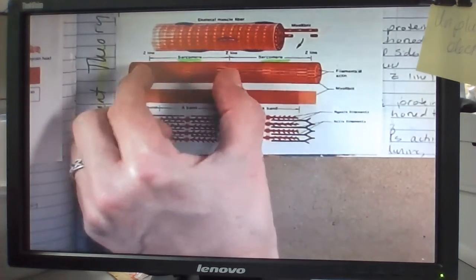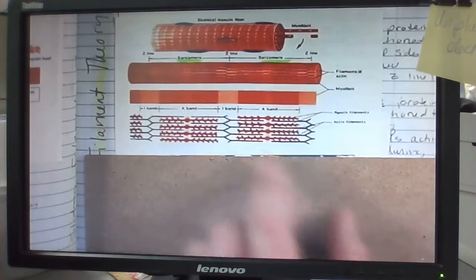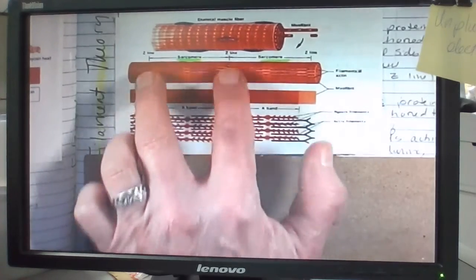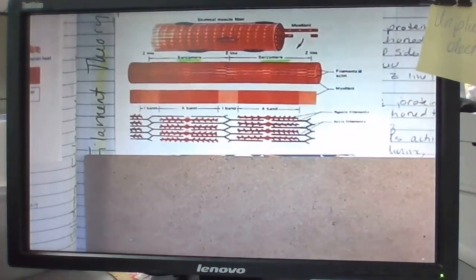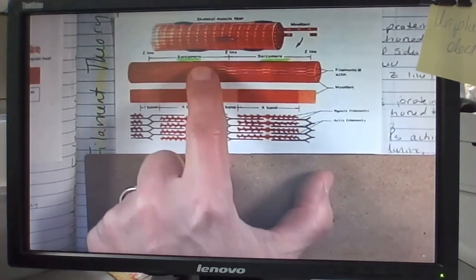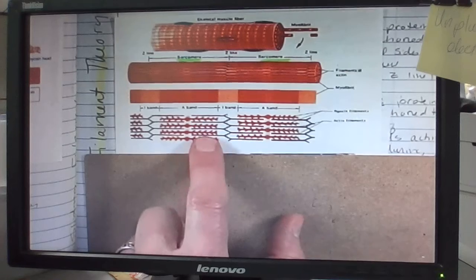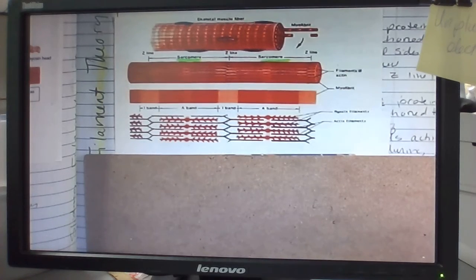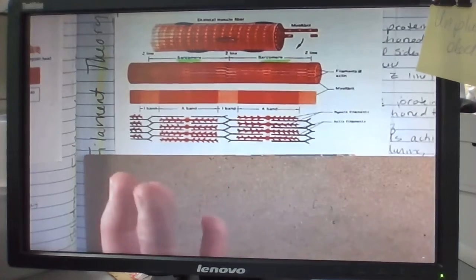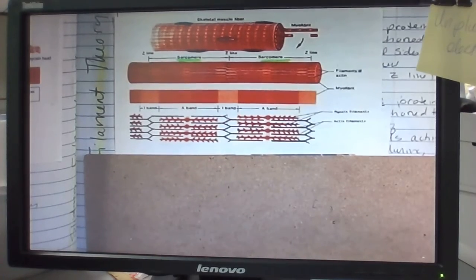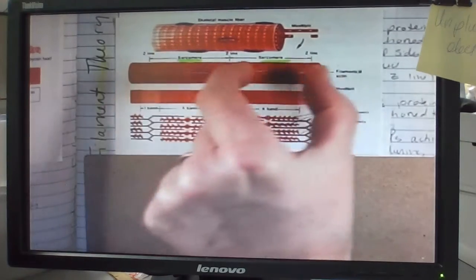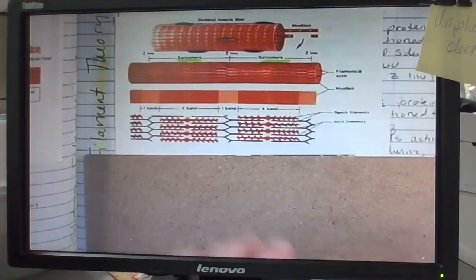So these guys right here have lighter and darker areas, and it kind of makes sense because it's a little bit lighter in these areas, the Z lines, because we don't have a whole lot of overlap of the fibers. We do have a darker part of the band right here, because that's where the actin and myosin are overlapping with each other. So it's more dense in those areas. The reason I liked this picture is because it gave me a good visual of the unit of the sarcomere.